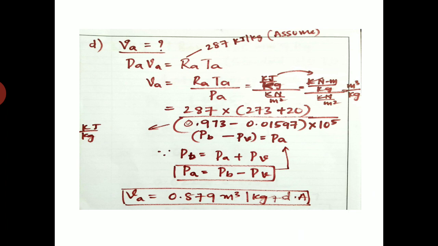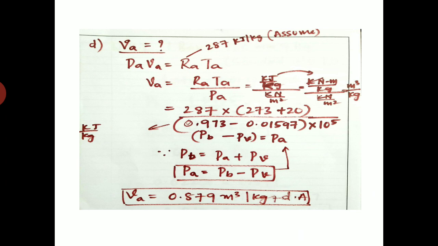That we have to write as 10 raised to 5 Newton per meter square. So again, K, that is joule, can be written as Newton meter divided by kg divided by kilonewton per meter square. Kilonewton gets cancelled. So therefore, this meter square goes upper side, meter cube per kg. So always, this is the conversion you have to make.